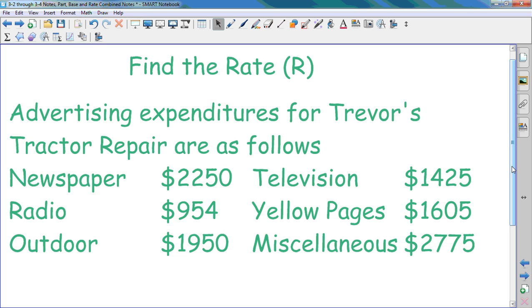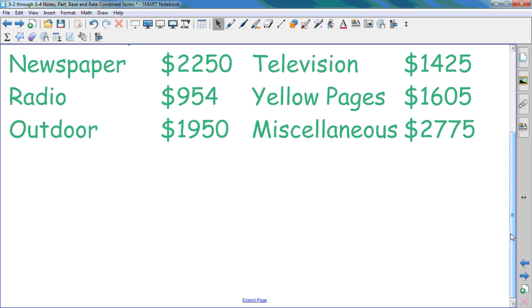And miscellaneous, $2,775. What percentage did we use for radio advertising? That's your question. I'm going to go ahead and type that in there.